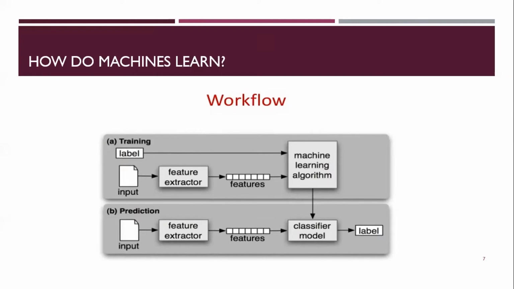So the simple workflow is to take an input of the features of an object and the label of the object, and you train the machine using an algorithm, and the algorithm will be able to classify each of the dogs for you. This is just one way of doing it. There are several other workflows, but a lot of times this is how it goes.